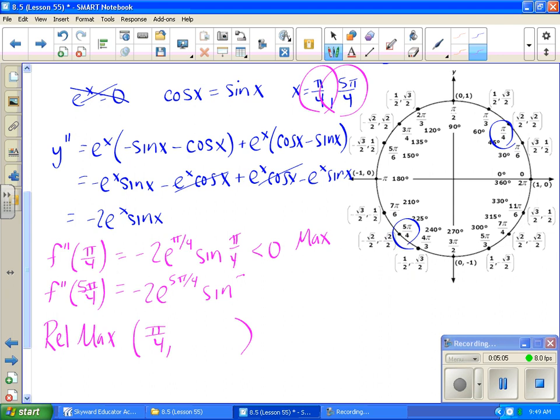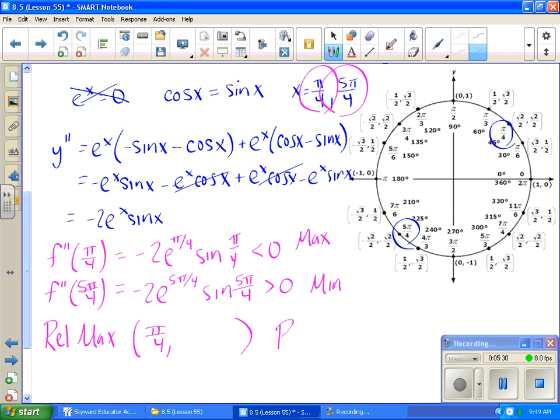And then sine of 5 pi over 4. Is e to the 5 pi over 4 positive or negative? Positive. So I have a negative times a positive, and is this positive or negative? Negative. So it ends up being greater than 0, so there's a min there, right?